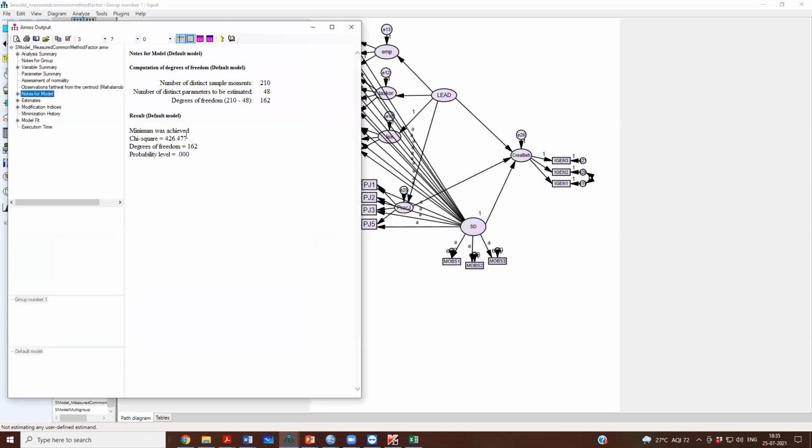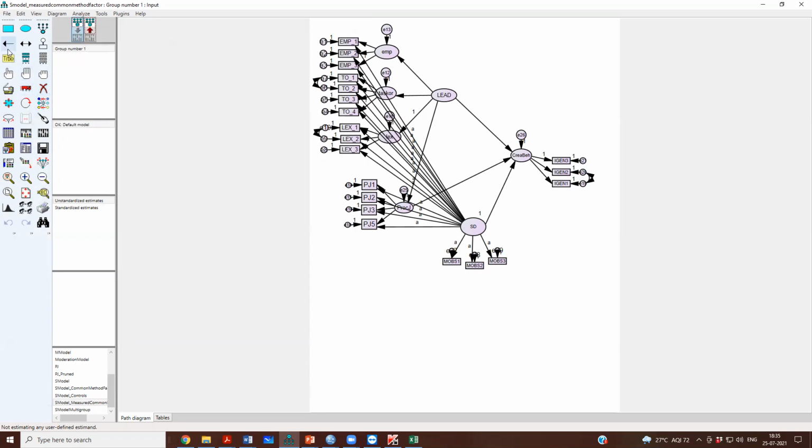Yeah, it will now run. Because you cannot load the factor on the items and then also test a path between the two latent factors when they have the same items also. Got it. Yeah.